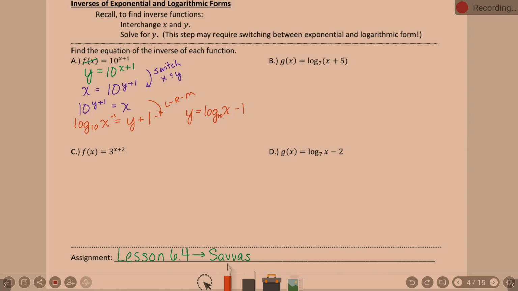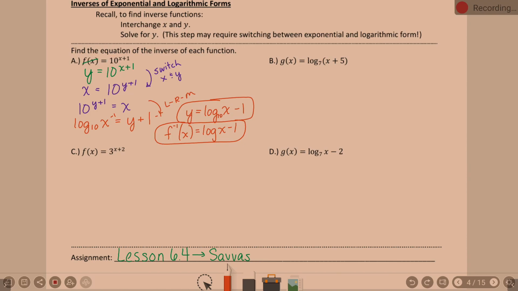Minus 1. Okay, you can write it in that form, or do you remember how we could take y and make it f inverse of x equals log of x minus 1? I don't remember how they put it on Savvas, but the y or the f inverse of x would probably already be there.